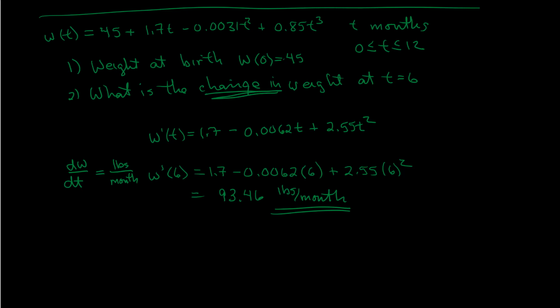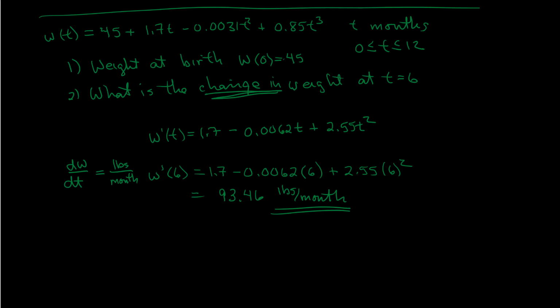Now, I'm asked to determine the change at a specific point in time, month 6. So I want to take the derivative and evaluate the derivative at t equals 6. I'm just going to take the 6 and plug it into my derivative.